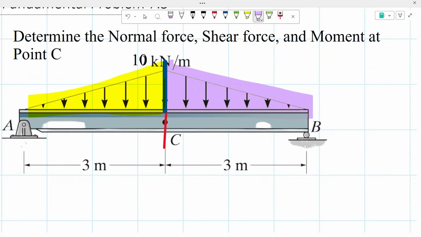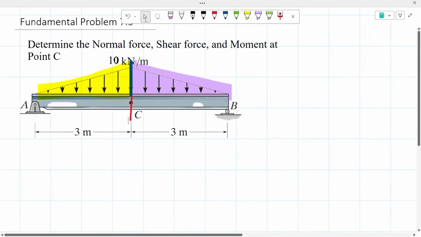So first I'm going to deal with the left right triangle. To find that concentrated force, I'm going to call it force 1.